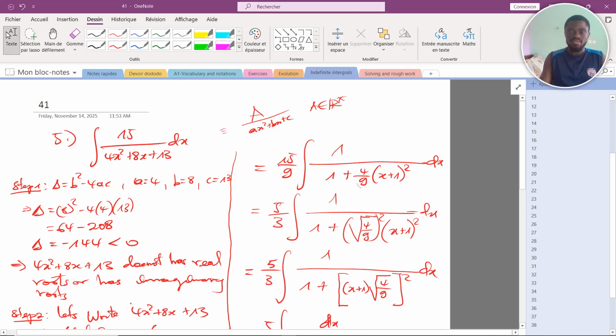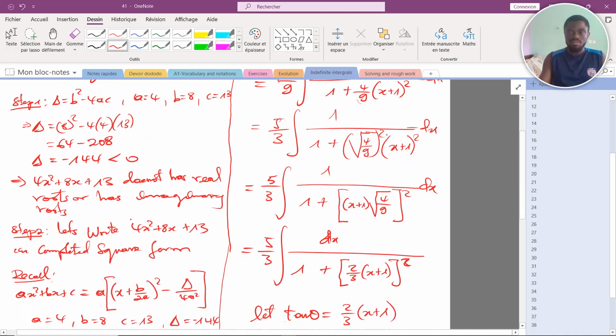So the best technique I showed you is to write what is outside as the square root of that all squared. Now after writing that, the two are already having the same power, so that permits us to bring this inside and to elevate all of that to the square. That's what I did.